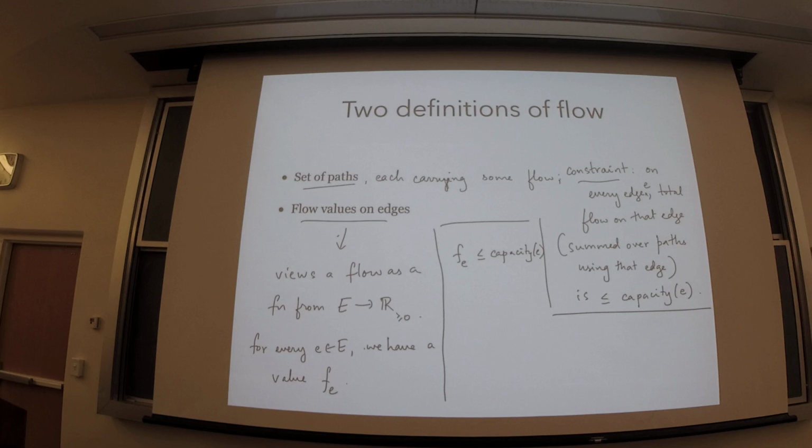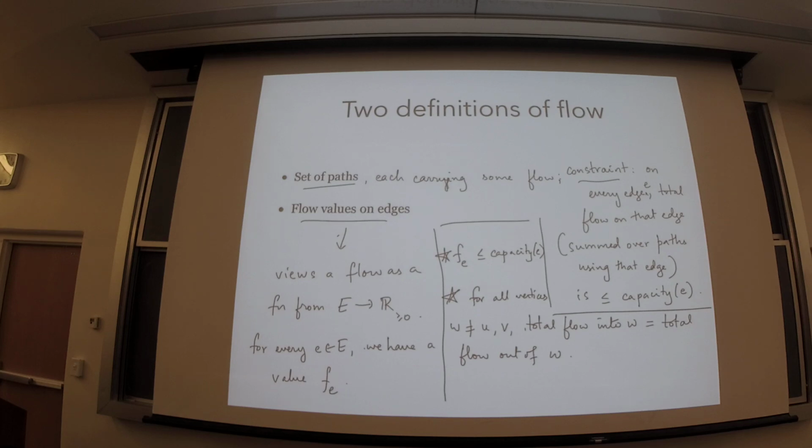So for all vertices, this is one constraint. The second constraint is, for all vertices W not equal to U comma V, total flow into W equals total flow out. So what does this mean?